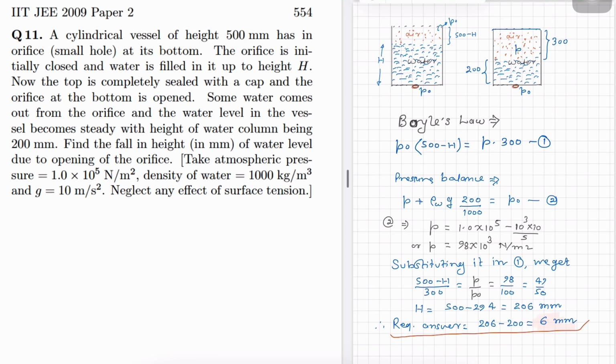So let us assume that the final pressure in the air is P, and the volume here is proportional to 300. If we assume cross-section area A, you can multiply 300 into A to get volume, but A is irrelevant because finally A will cancel.